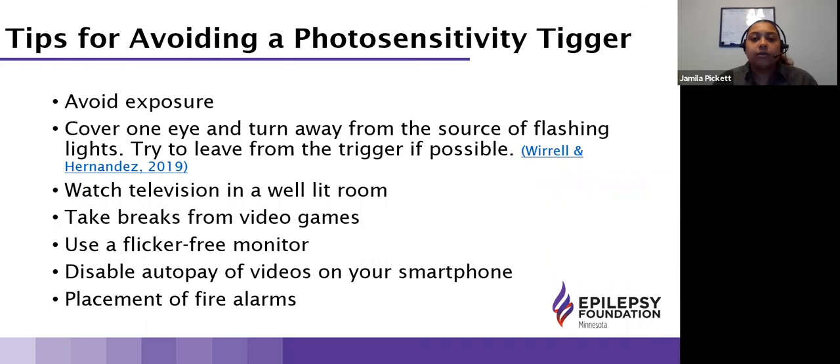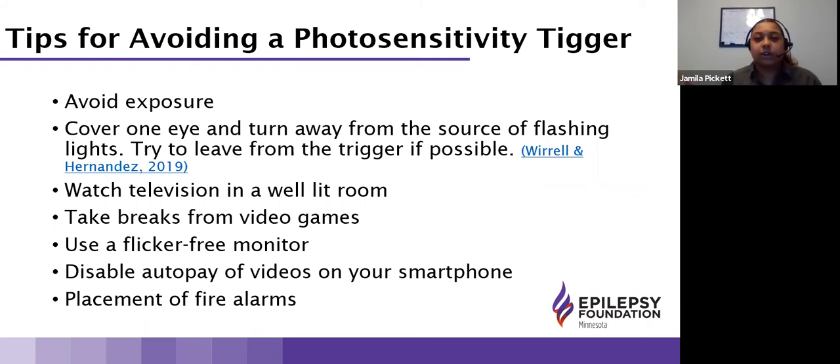Some tips for avoiding a photosensitivity trigger: of course, avoid exposure to those lights, but we can't always do that, so there are some other things you can do as well. If you can cover one eye and turn away from the light source, that will help. And if you can leave the room or the area where that trigger is, that would be best.